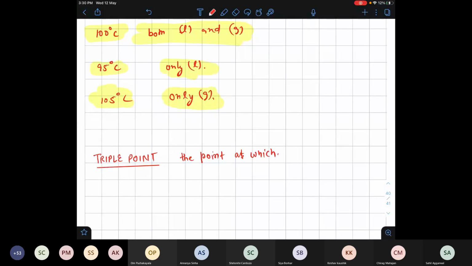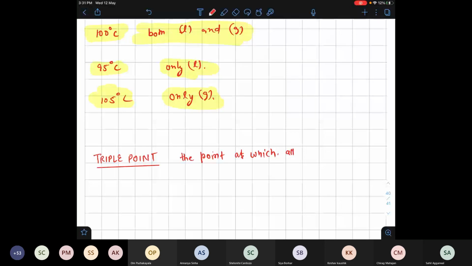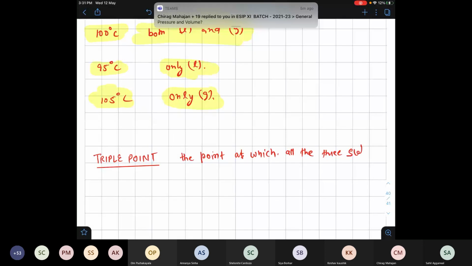For gas to exist temperature should be near to 100, क्योंकि सॉलिड और लिक्विड 0 पे एग्जिस्ट करते हैं और गैस एग्जिस्ट करता है कितने पर? 100 पर. So we cannot say only on the basis of temperature we can get the triple point, the point at which all the three states coexist together.